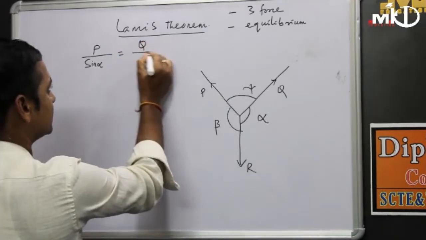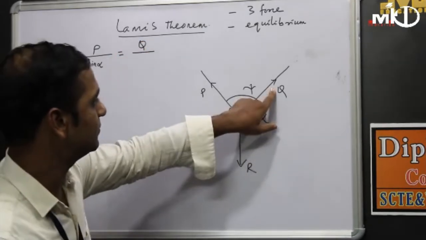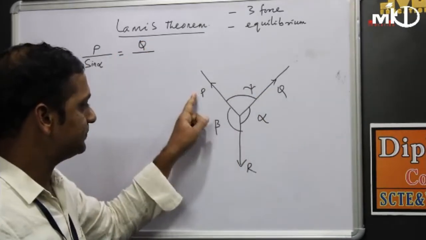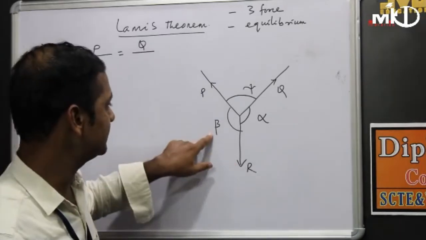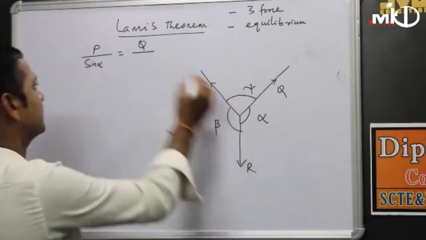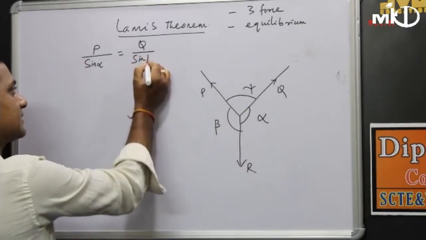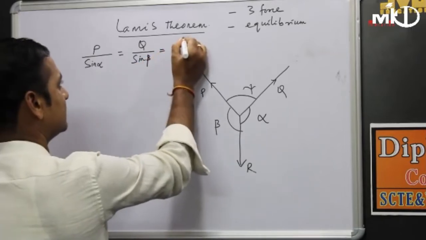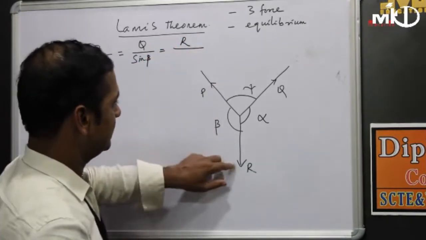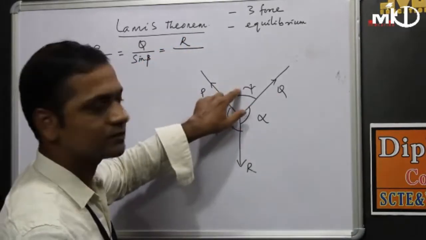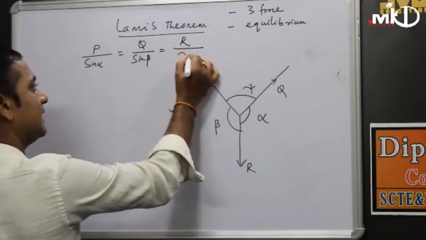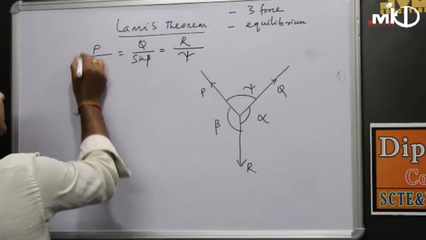The next force is Q. If I take force Q, then the rest of the forces are P and R, and the angle between them is beta. So we write Q divided by sine beta is equal to R divided by sine gamma, since the rest of the forces are P and Q and the angle between them is gamma. So that is our Lami's theorem.